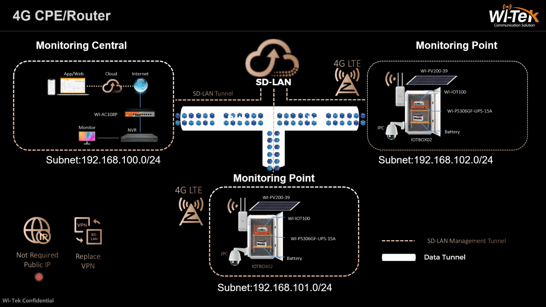We know that public IPv4 addresses are very limited. But in this function, we don't have to use a public IP. So this function is very useful for our users and saves cost. If you need a public IP, you will pay more money to buy public IPv4 addresses.